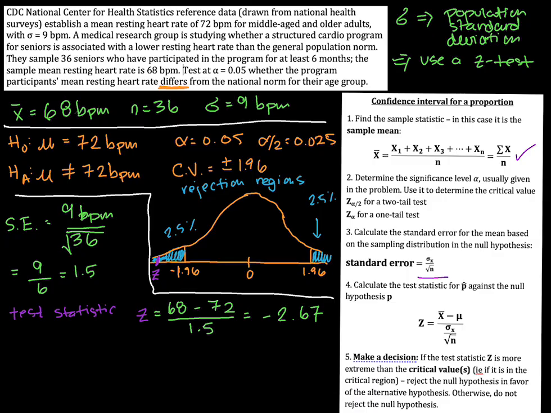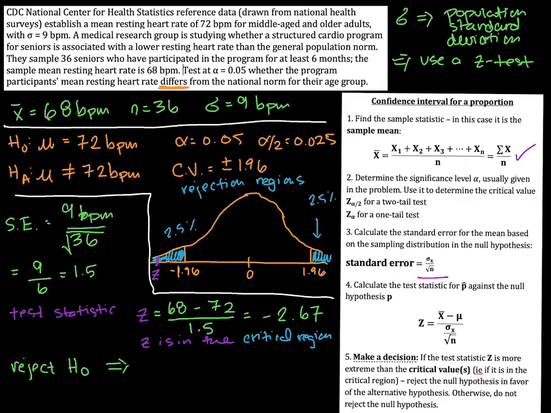And so that means that this z is in the critical region. So we're going to reject H naught. We're going to reject the null hypothesis.